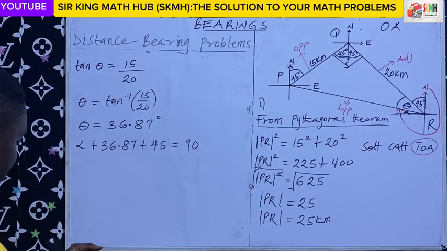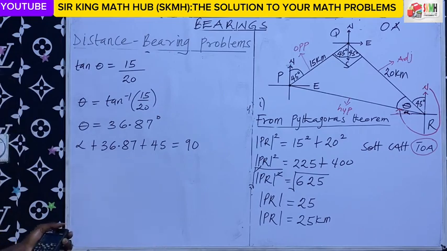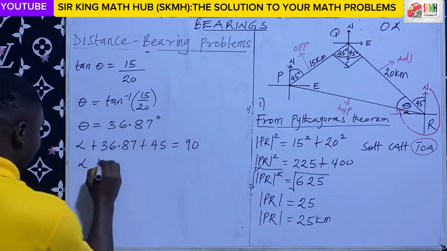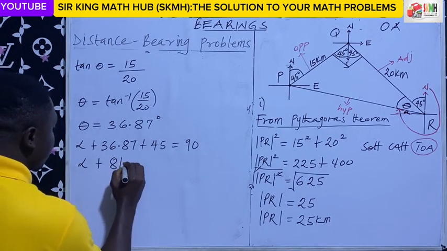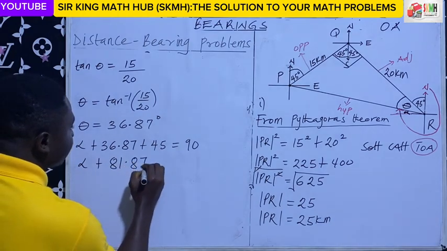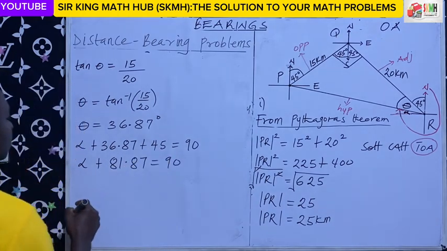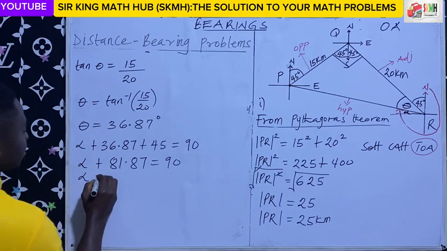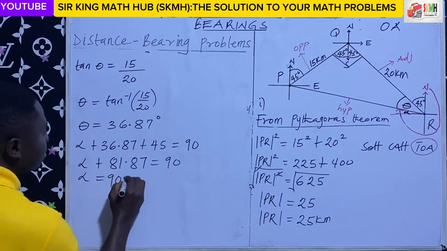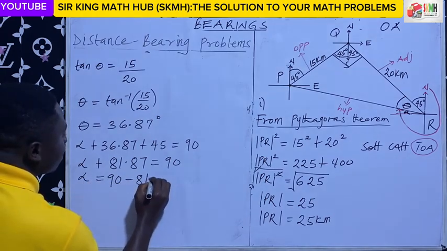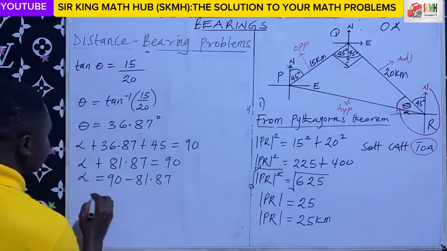So what is 36.87 plus 45? So alpha plus 81.87 is equal to 90. Let's make alpha the subject. So 90 minus 81.87.